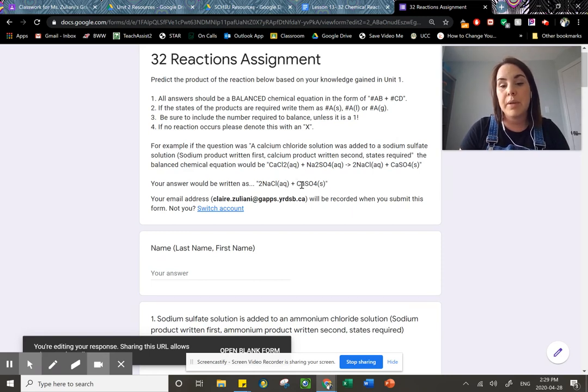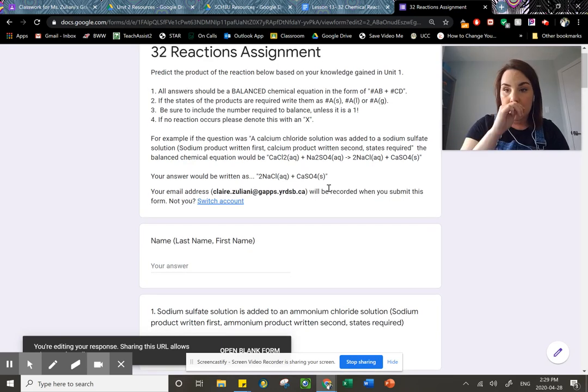Then I'm going to put another space in between the plus and the calcium. I'm going to write CaSO4, then S in brackets. Now, this seems like a lot of instructions, but it's really important that you're following this format to make sure you don't miss any marks. I'm going to do my best to check after. But the easiest way to make sure is this is what the computer is going to be looking for. So it's really important that you're really carefully following that formula.